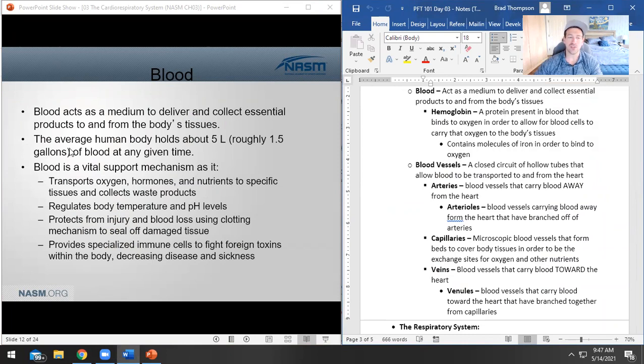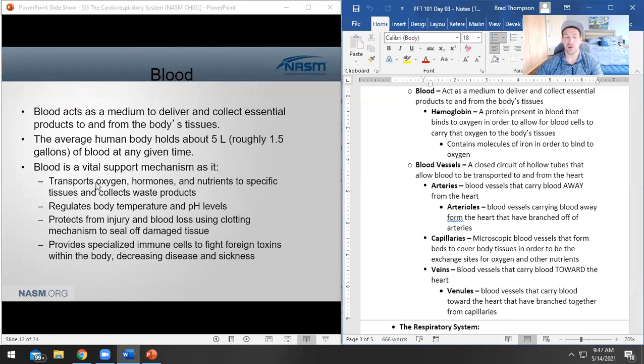You've got about a gallon and a half of blood inside your body, about 5 liters. You can give away pretty much a liter of that if you go to donate blood. But any more than that starts to get a little bit dangerous, which is why people get really lightheaded when they sometimes donate blood.